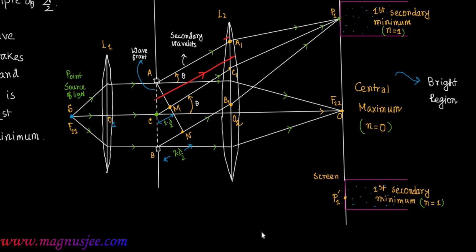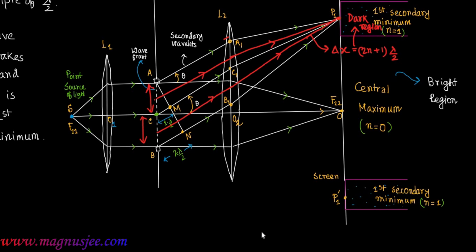If we consider a secondary wavelet from the upper half of the primary wavefront AB, there should be another secondary wavelet coming from the lower half, such that if they superimpose at the point P1 on the screen, the path difference between the two secondary wavelets, delta x, will be (2n plus 1) lambda by 2, that is an odd multiple of lambda by 2, and a dark fringe will be formed.